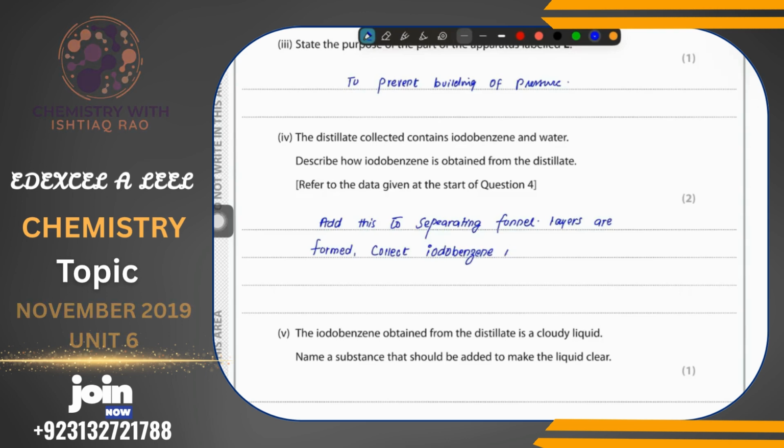Collect iodobenzene in the lower layer. It's an organic compound, that's why.